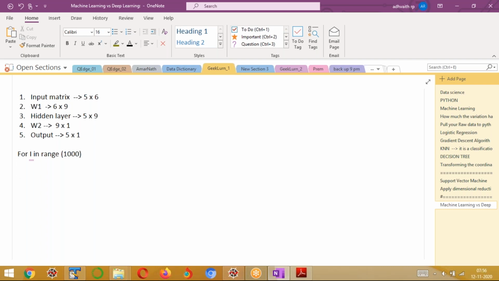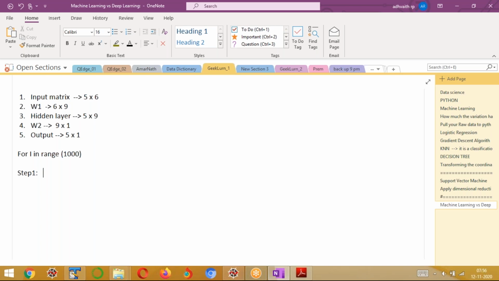Okay. So here, how are we going to write all these things? Step 1. Initially you have to create the activation functions and all those things.